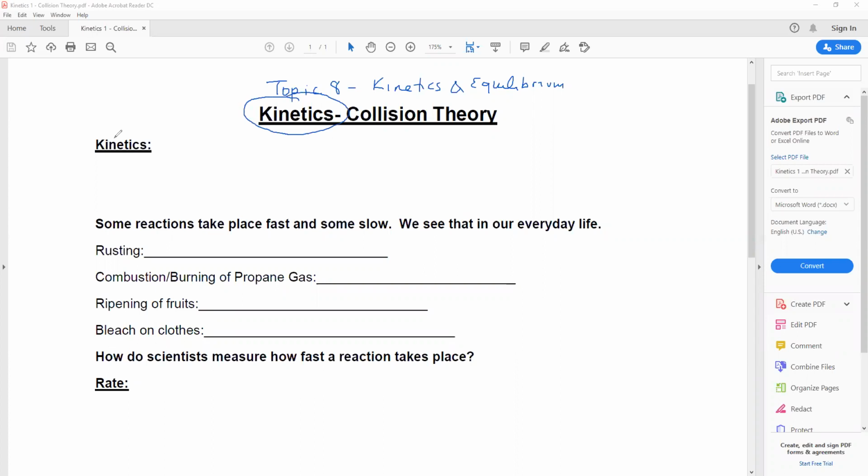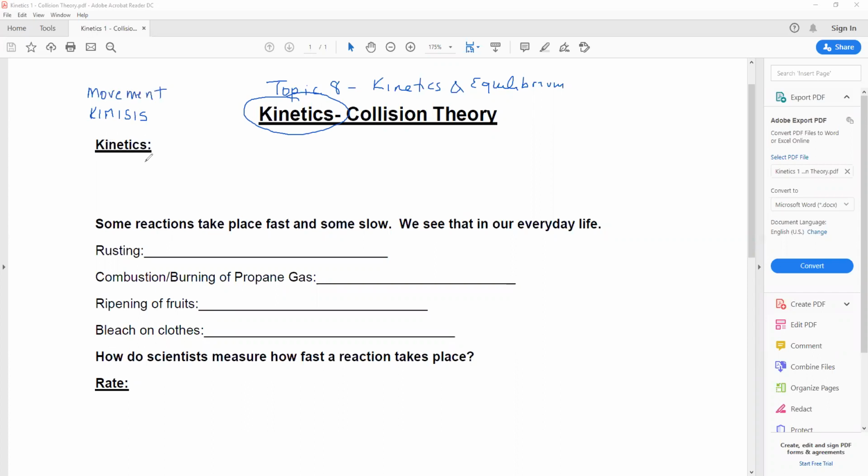Kinetics is a new Greek word for you. It comes from the Greek word kinesis, which means movement.